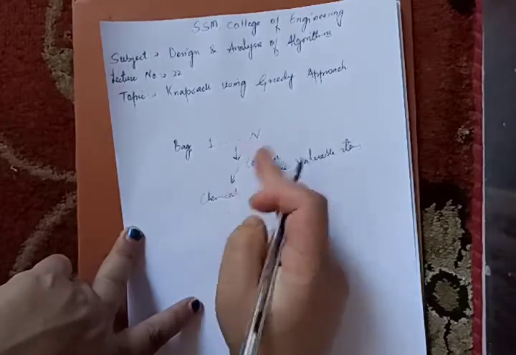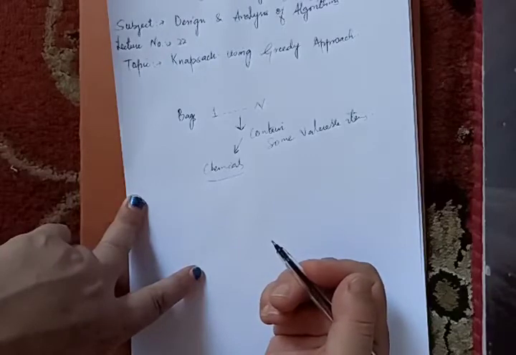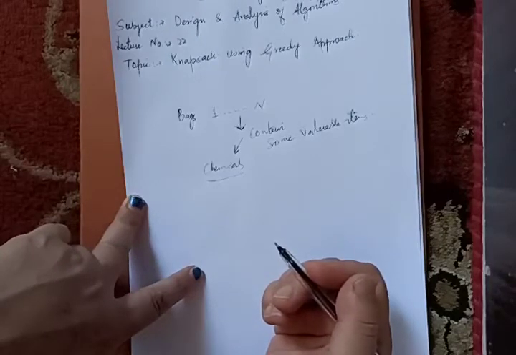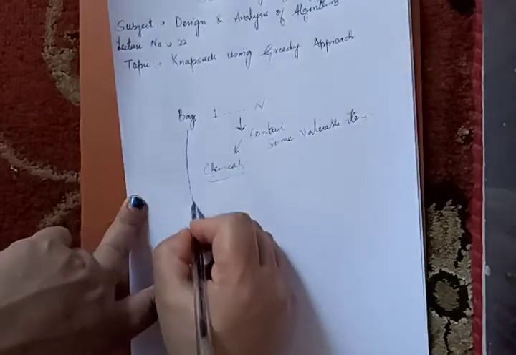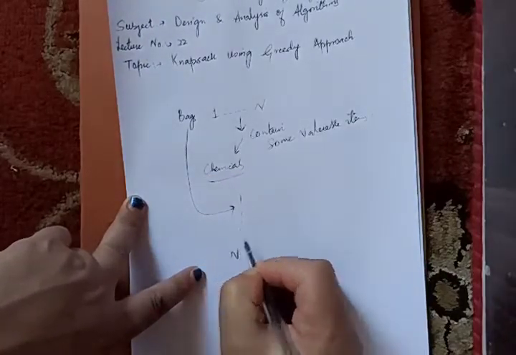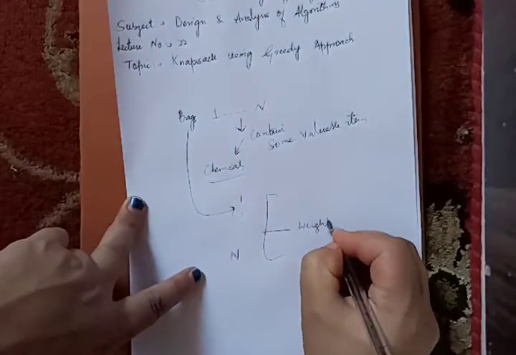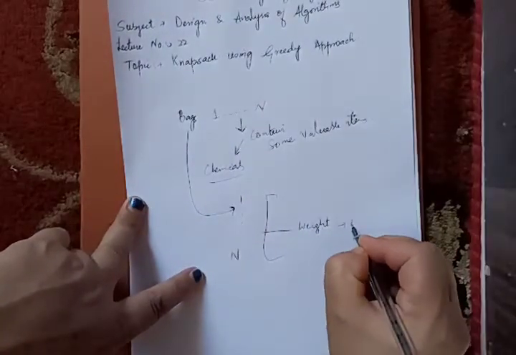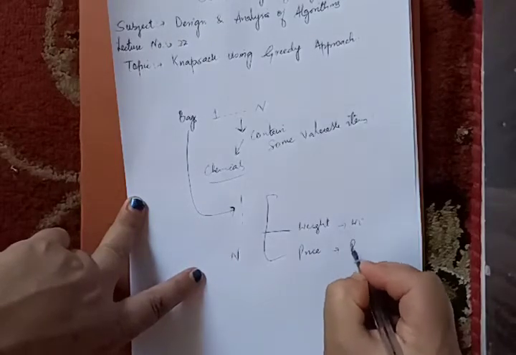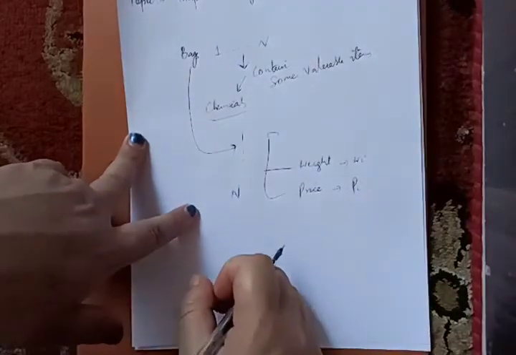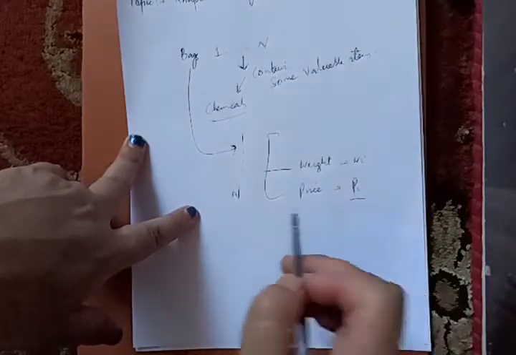We have n bags and each bag contains some chemicals. Each bag, 1 to n, has some weight wi, and each bag has some value, so the price of each bag is pi.